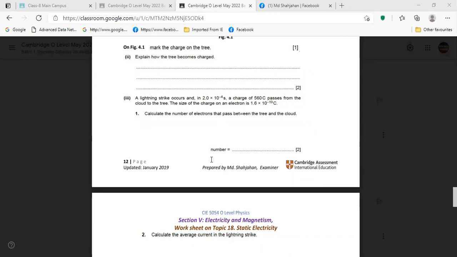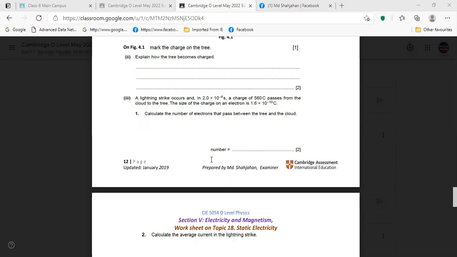You have to use your basic mathematics idea to solve this part of the questions. Calculate the number of electrons that pass between the tree and the cloud. You are given the time, the charge is given, 560 coulomb.